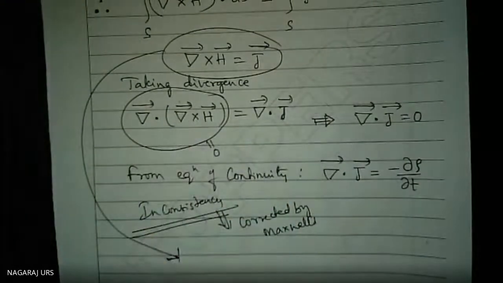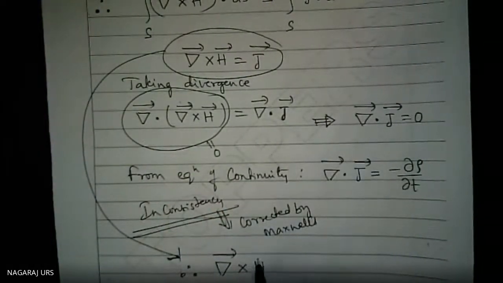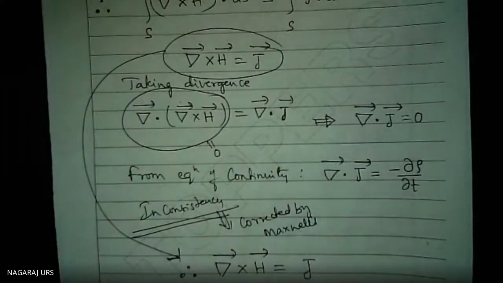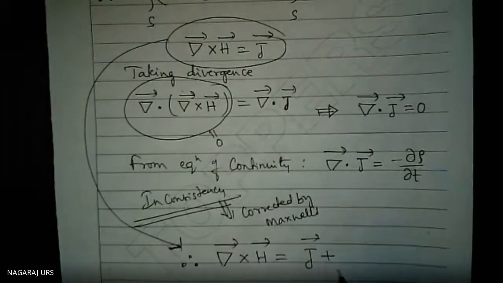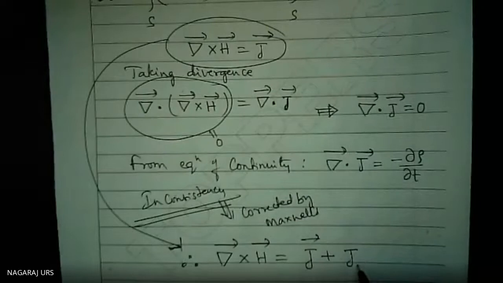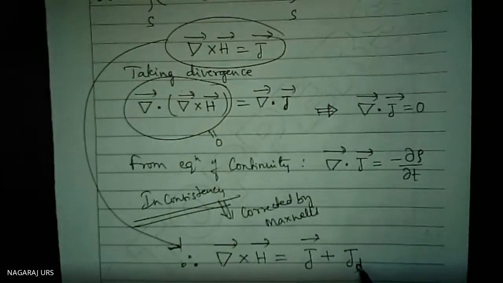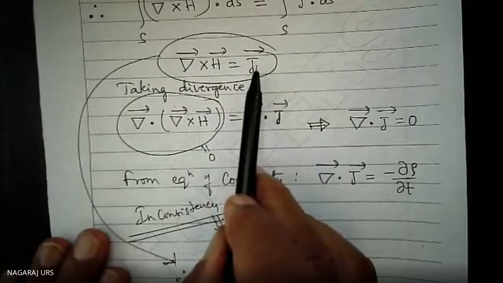Therefore, del cross H is not only equal to J; along with that, one more current density is present, called the displacement current density, which you can write as JD.